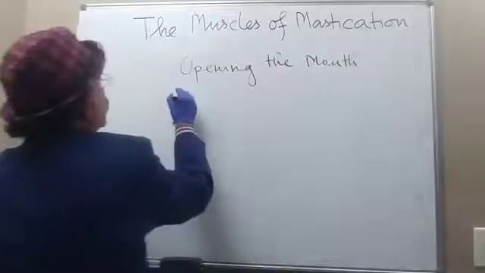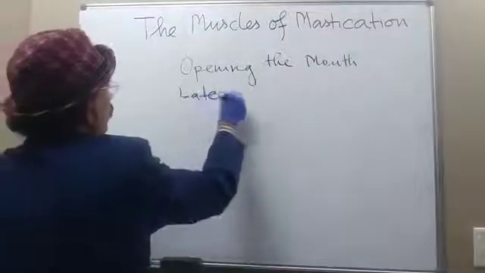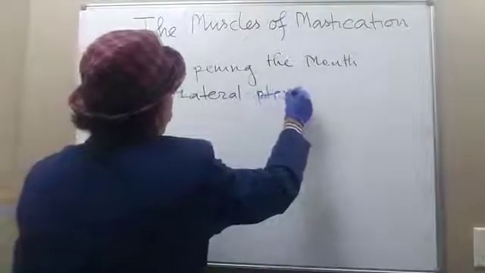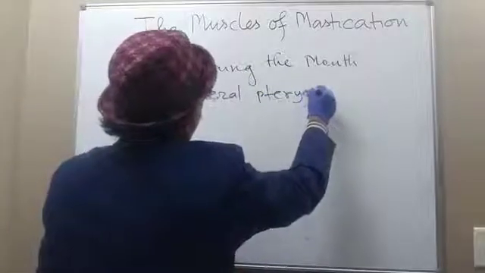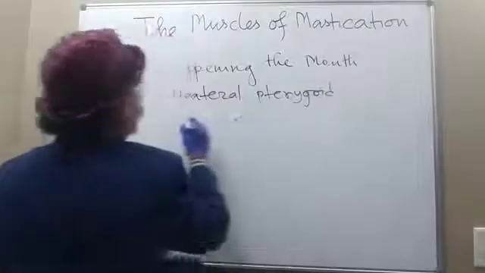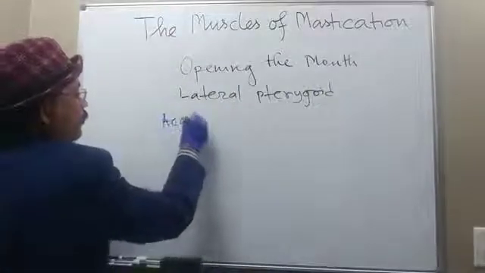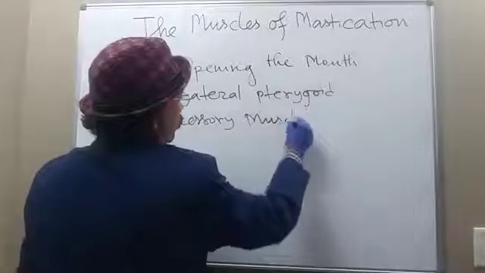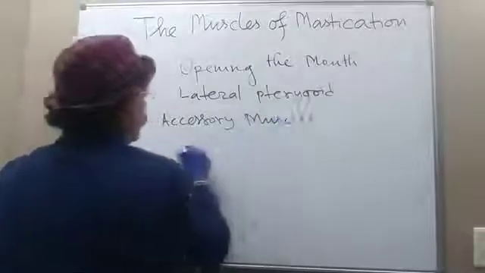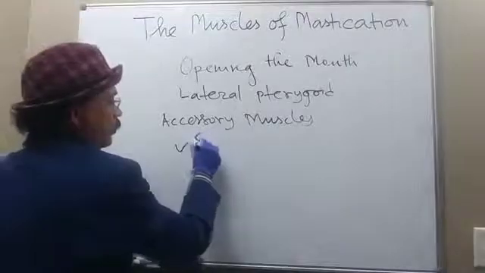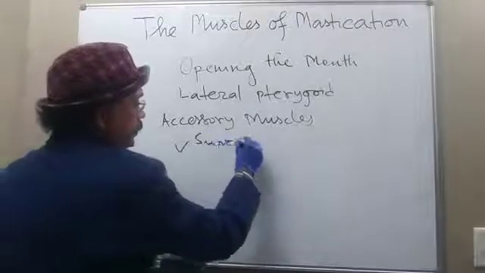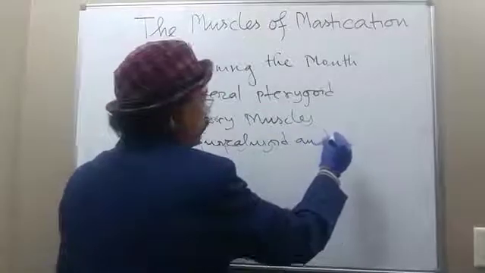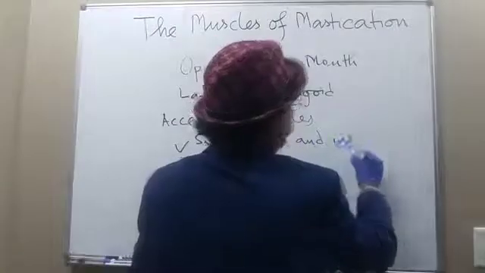So we have the lateral pterygoid muscle plus some accessory muscles, like the suprahyoid and infrahyoid muscles.